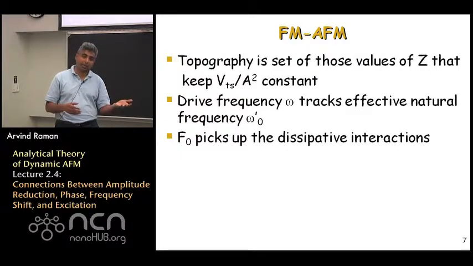In tapping mode AFM, the contrast channel is formed due to the phase lag image, and in frequency modulated AFM, the contrast channel forms due to F naught, or the excitation amplitude change due to the dissipation. We'll talk about these different channels in the next few lectures. But for the time being, the basis from which we understand both these modes from an analytical perspective is now covered. Thank you.